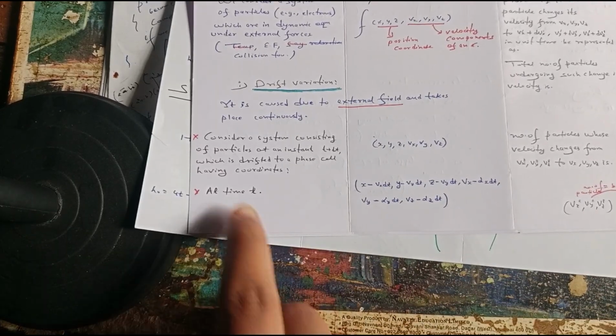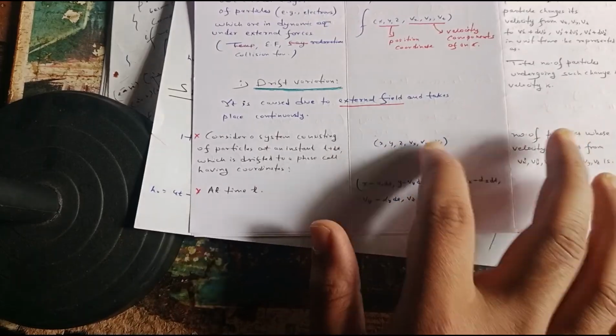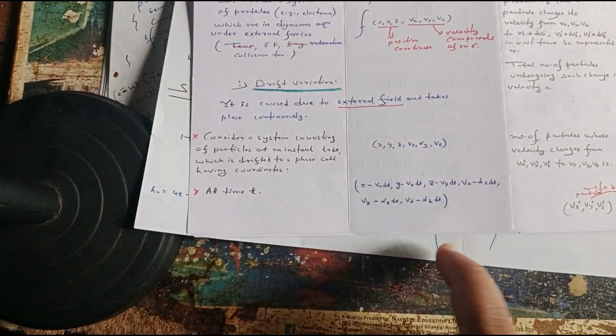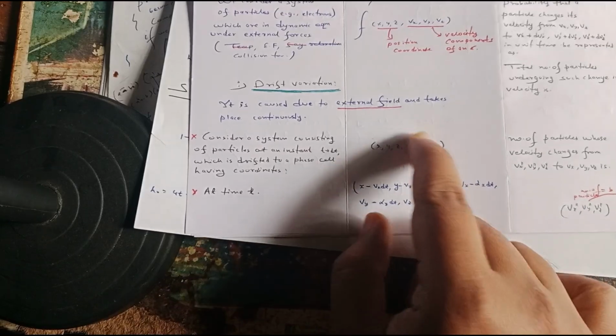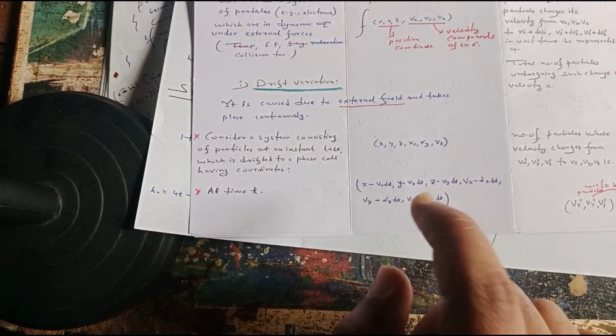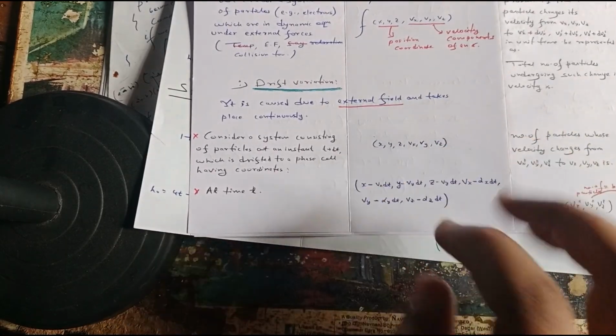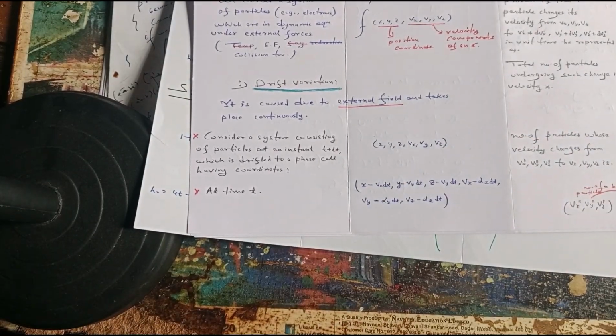At time t it was at this coordinate, and at t plus dt it is at this coordinate. But this change of coordinate basically happens under the influence of the external field.